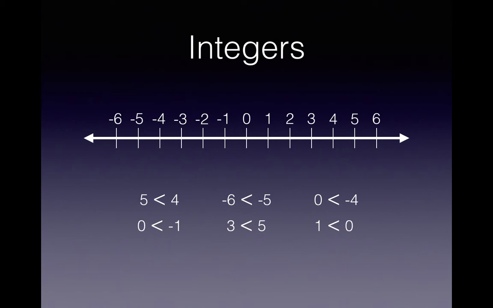That's a true statement. Third one is 0 is less than -4. That's a false statement. Number 4 is 0 is less than -1. That's a false statement. The next one is 3 is less than 5. Yes, it is. That's true. And the last one we've done already: 1 is less than 0. That is a false statement.